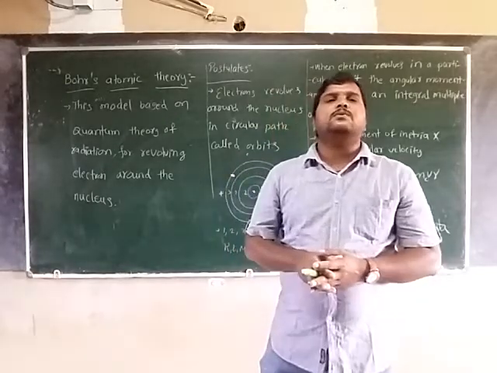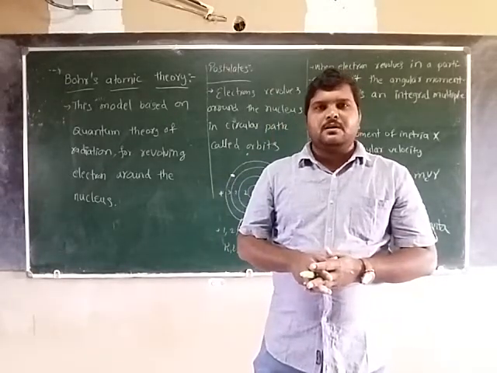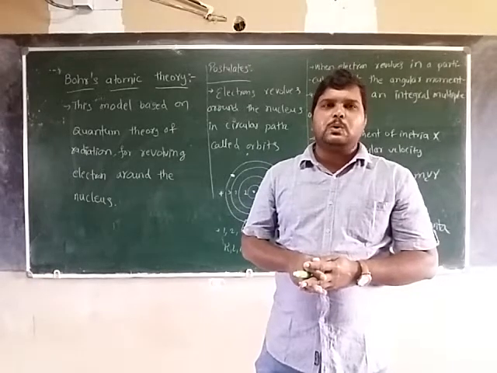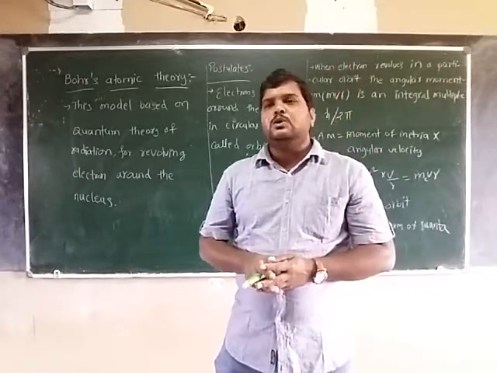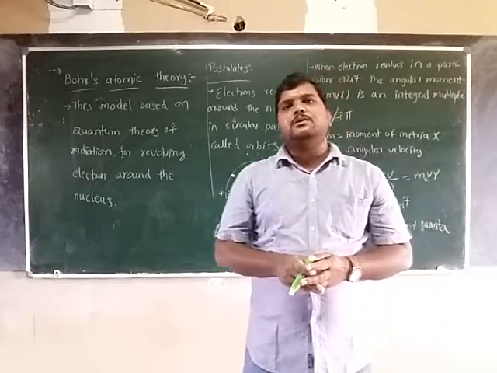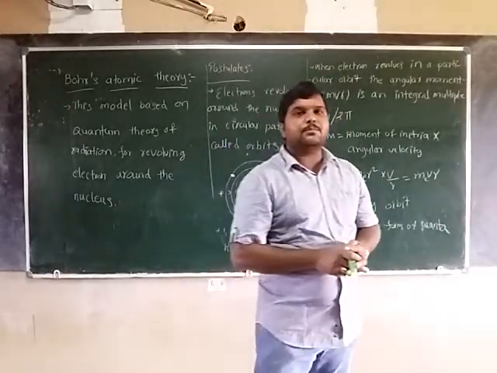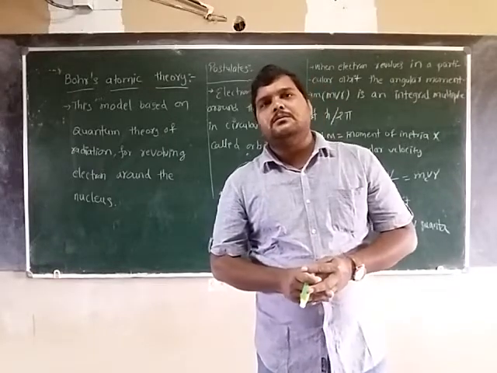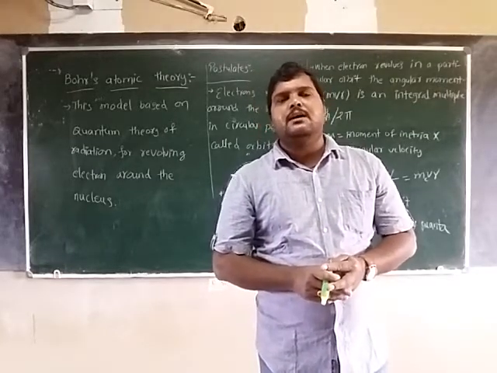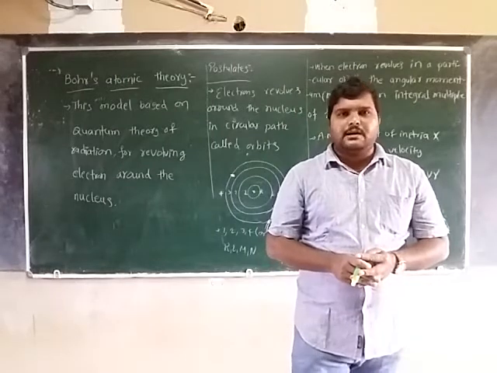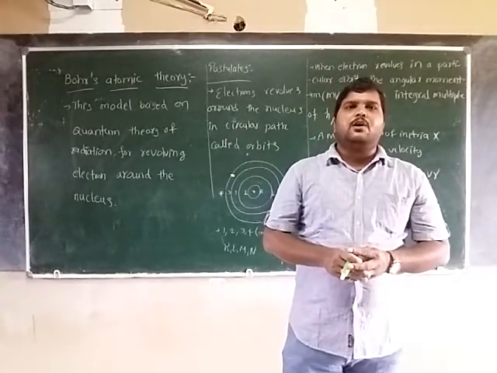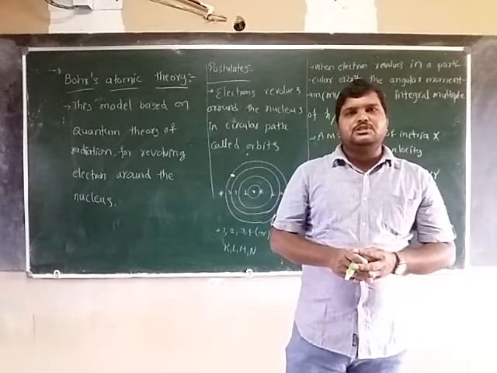Now we are discussing one more important concept from the structure of atom, that is Bohr's atomic model. To overcome the drawbacks in Rutherford's atomic model, Bohr tried to explain the existence of electrons, the radius of the orbit, and energy.